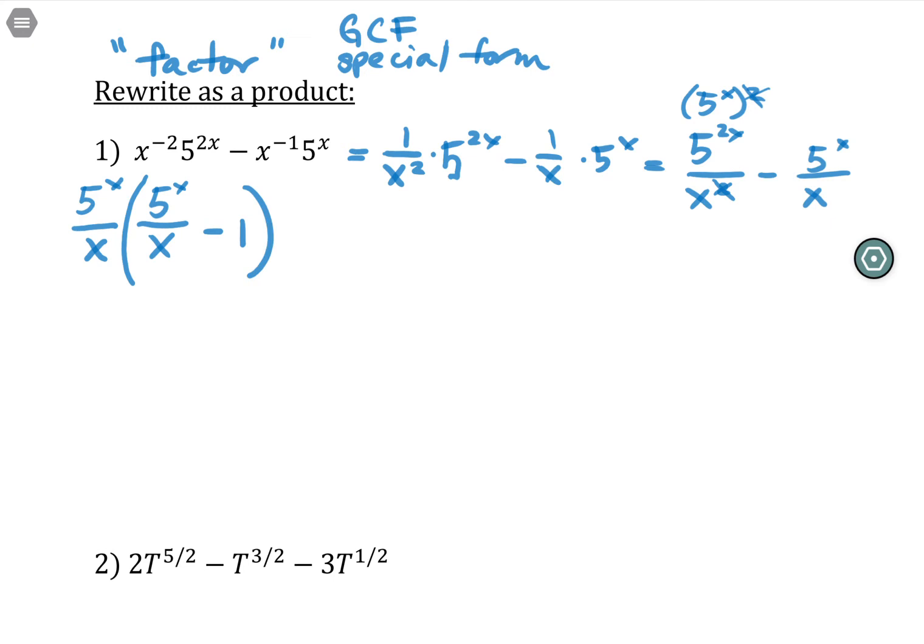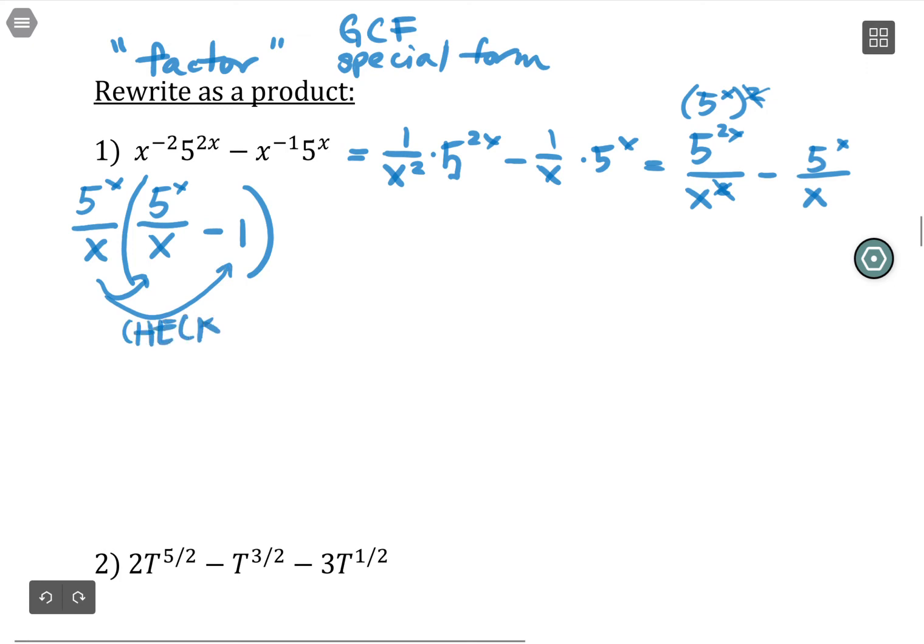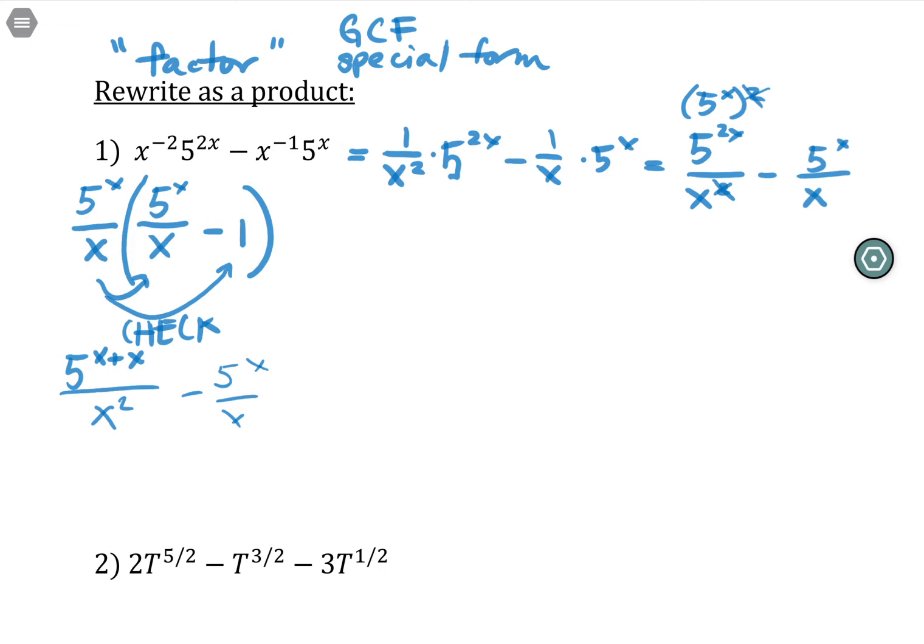Your best way to start making sense of this is just to try something out and then multiply it out to check, right? So your check here would be, if I multiply 5 to the x times 5 to the x, I add powers, 5 to the x plus x, and then the bottom, I multiply x by x, that's x squared, and then 1 times 5 to the x over x is just going to be 5 to the x over x. So notice that x plus x does turn into 5 to the 2x, and everything else looks great.